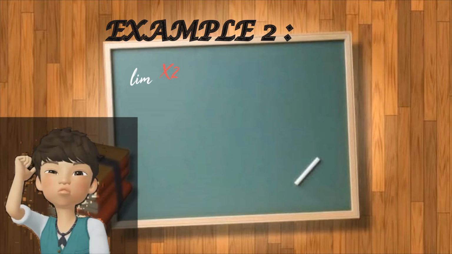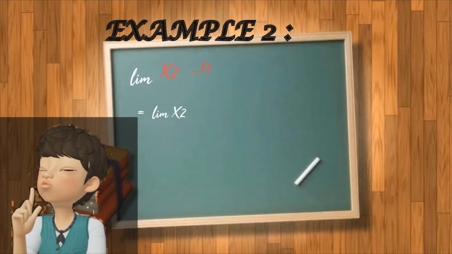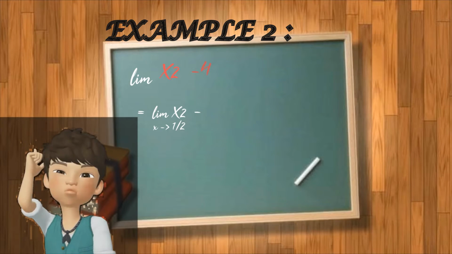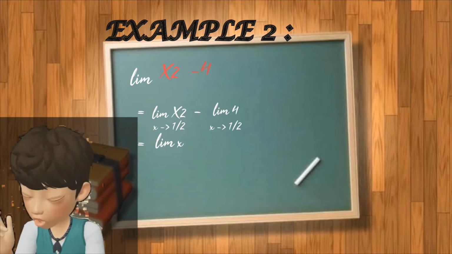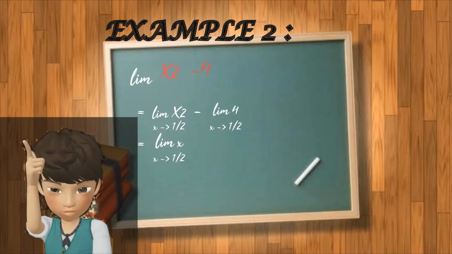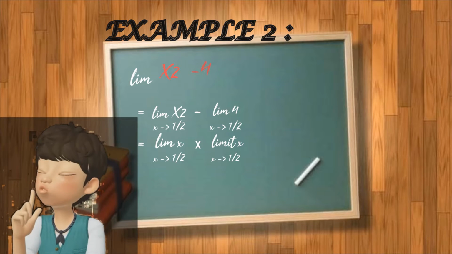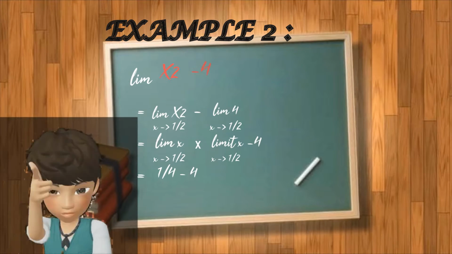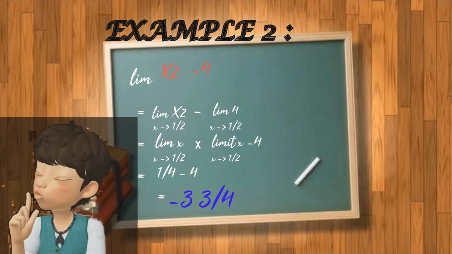The limit of x squared minus 4 is equal to the limit of x squared as x approaches 1/2 minus the limit of 4 as x approaches 1/2, which is equal to the limit of x as x approaches 1/2 times the limit of x as x approaches 1/2, minus 4. That is equal to 1/4 minus 4, which is equal to negative 3 and 3/4.